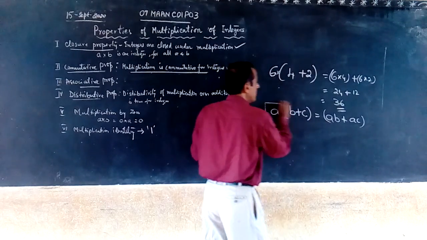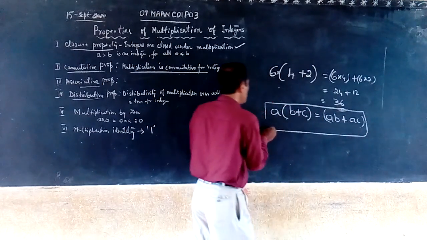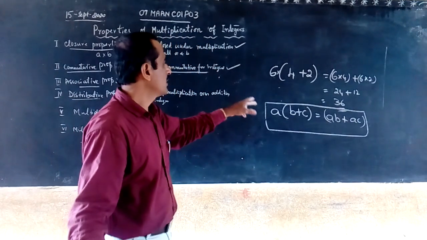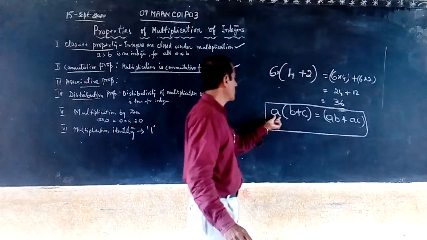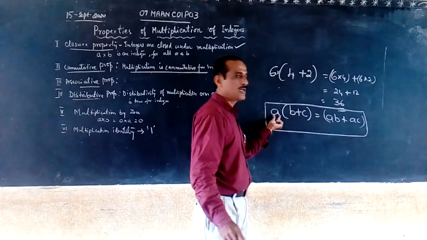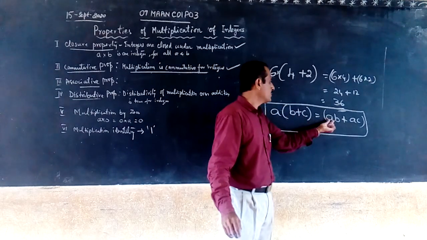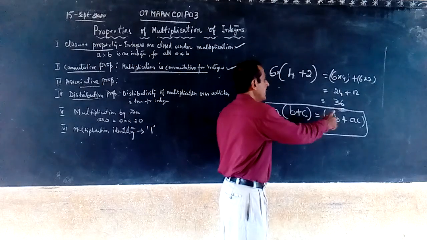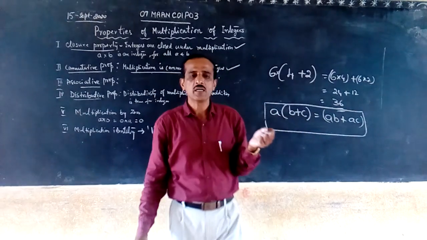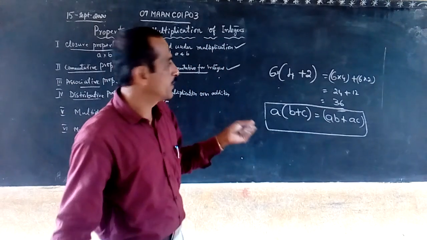So remember, A into B plus C is equal to AB plus AC. This is the distributive property. It's always equal. Instead of this, by adding the two integers and multiplying with this A, it always becomes the sum of the product AB and the product AC. This is what we call the distributive property.